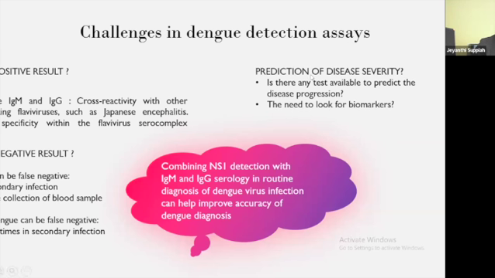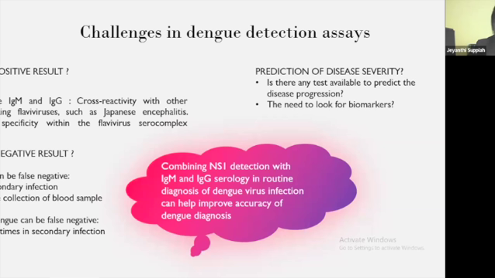Another issue is the prediction of disease severity. Until now, I don't think we have a reliable assay to help the clinician to predict the disease severity, whether this patient is going to end up having severe dengue, because the prognosis is not good. So is there any test available to predict the disease progression?